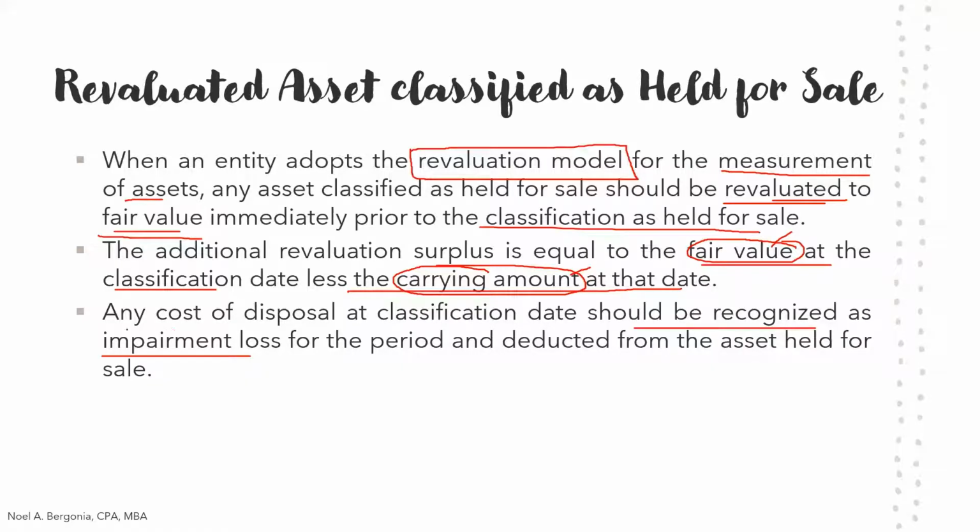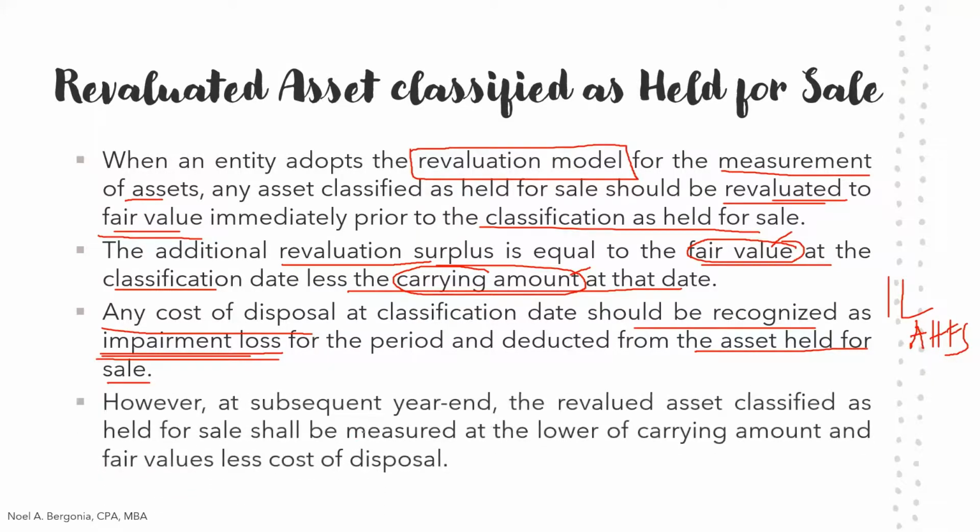So if there are any disposal costs which are not considered in computing the revaluation surplus, they should be recognized as impairment loss. That will be the source of our impairment loss, the cost of disposal, deducted from the assets held for sale. So you will debit impairment loss and credit assets held for sale.